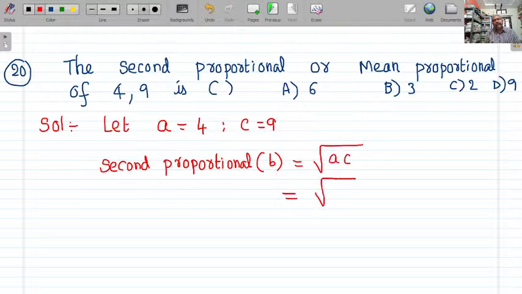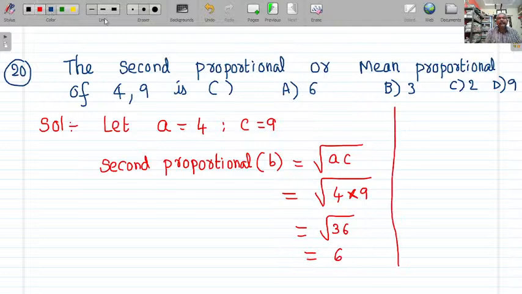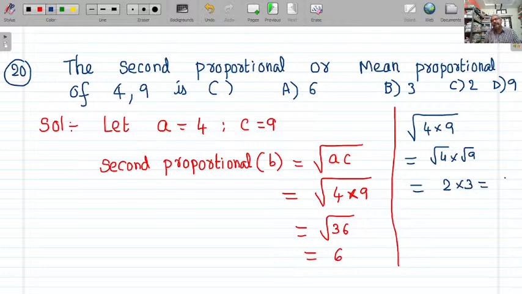That is square root of 4 into 9. This can be done both ways. Square root of 36, we have 6. Otherwise you can write square root of 4 into square root of 9. Square root of 4 is 2, square root of 9 is 3, 2 into 3 is 6.